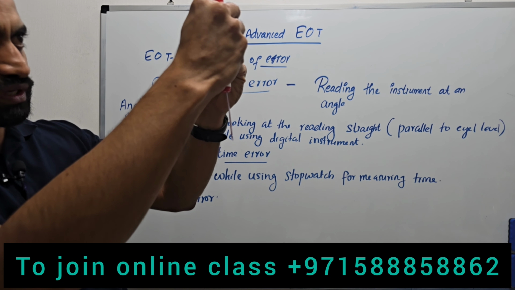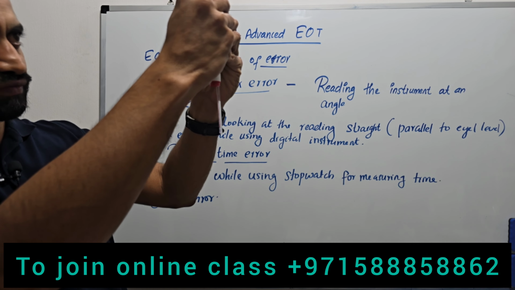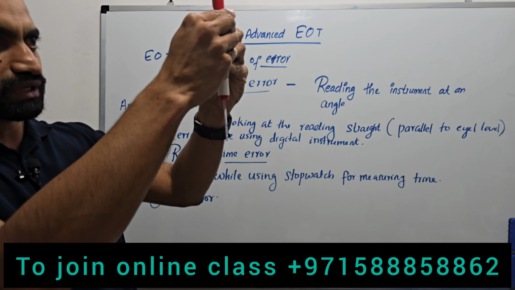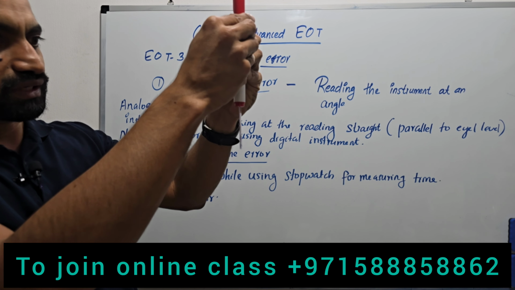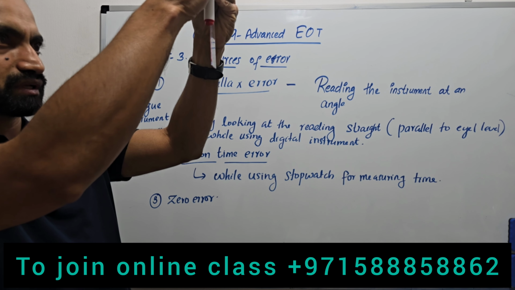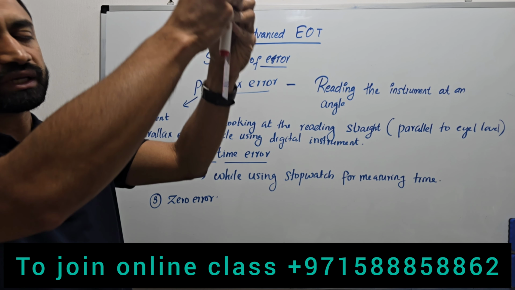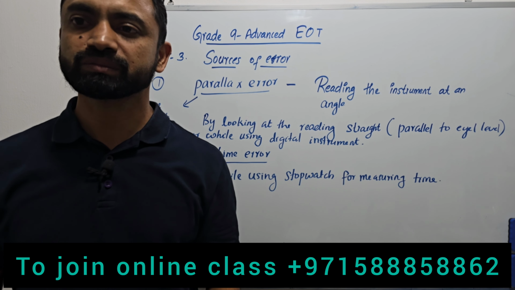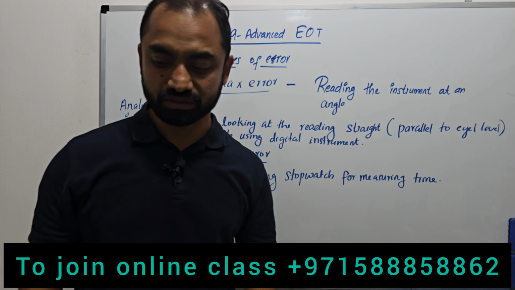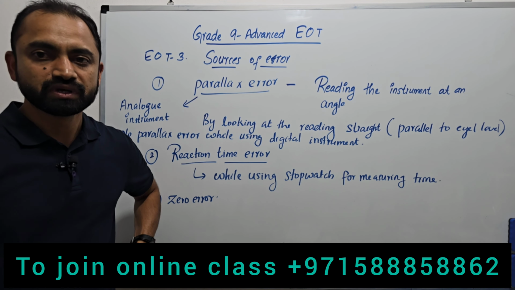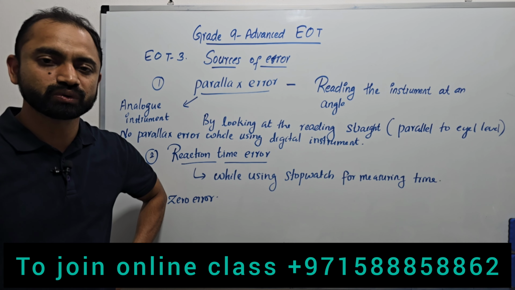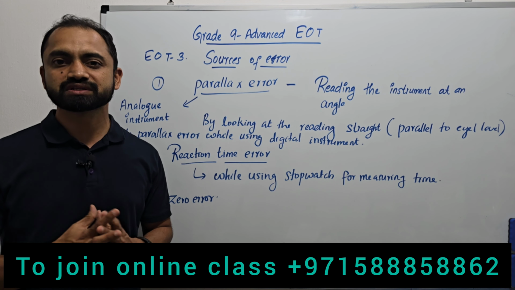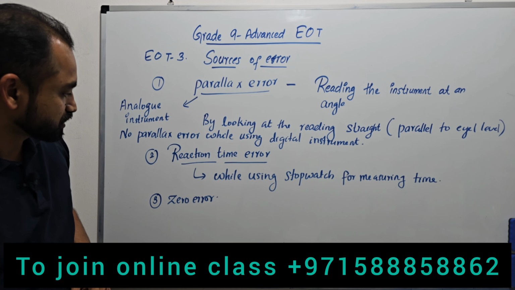If I am not keeping it exactly at 0, for example, if one end of the ruler is broken a little bit here, and I keep it somewhere other than 0, now I am getting 14.9. So there is a mistake in the measurement, not due to parallax but due to zero error. When we start the reading, we need to keep it at 0, right? So that is the zero error.